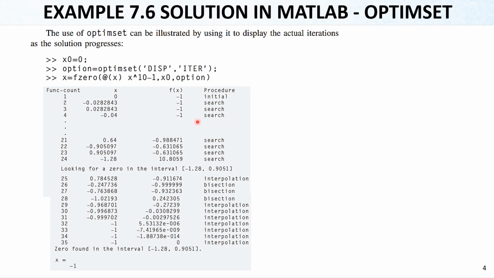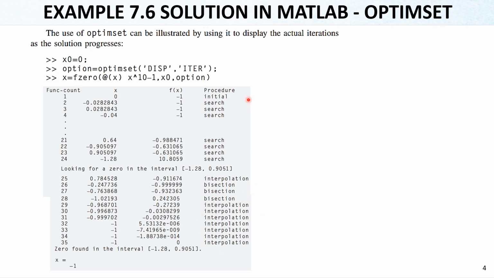And it started with a search approach, basically. And after that, there was an interpolation approach, probably quadratic interpolation, or it can be linear as well. We should check maybe the help file of fzero to see what this means. Then here you can see that it changed to the bisection method, then again to interpolation.